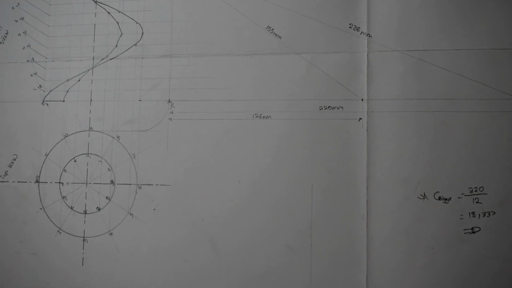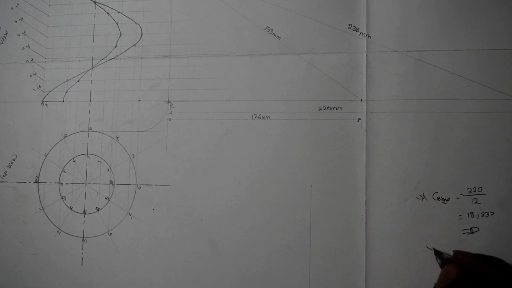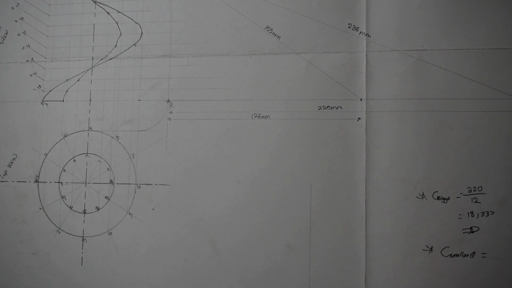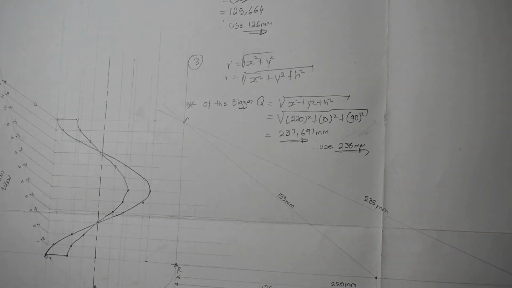So the circumference of the smaller circle, the smaller diameter, is equal to, we got how much? Go back. If your answers are wrong right from step 1, it's going to be a disaster.